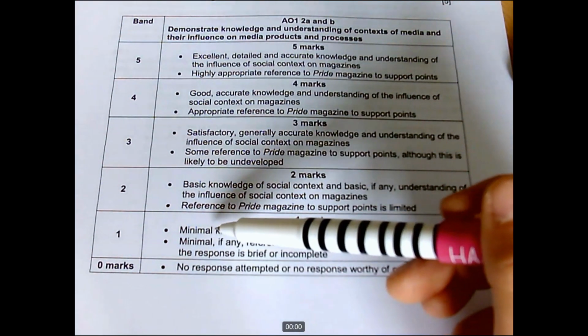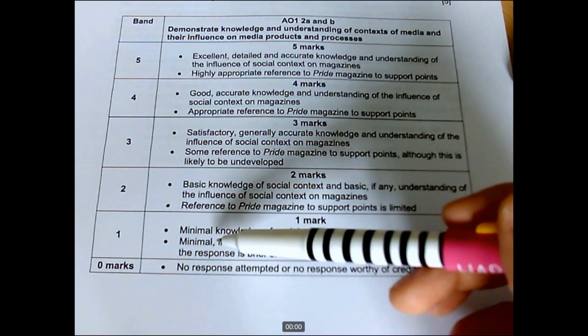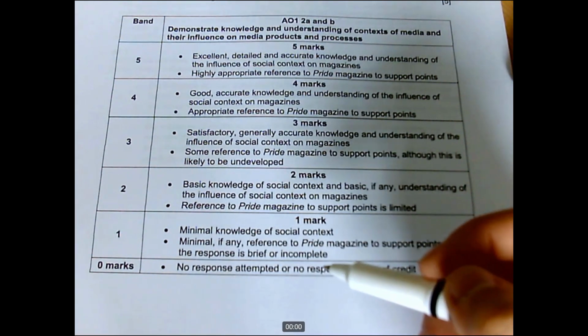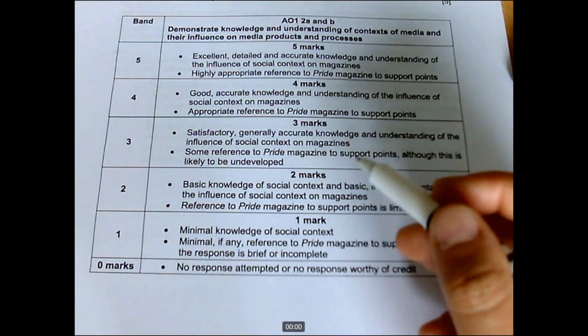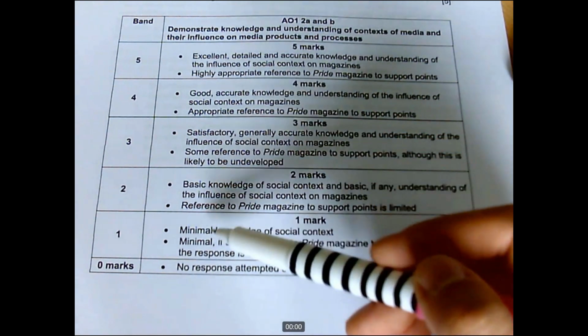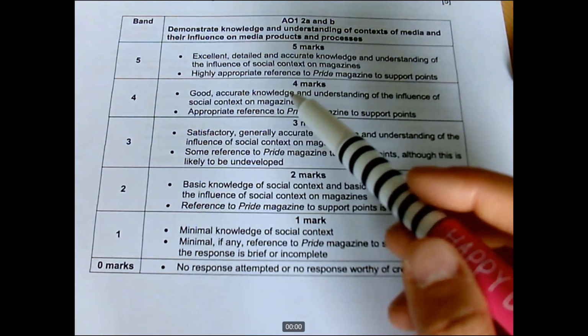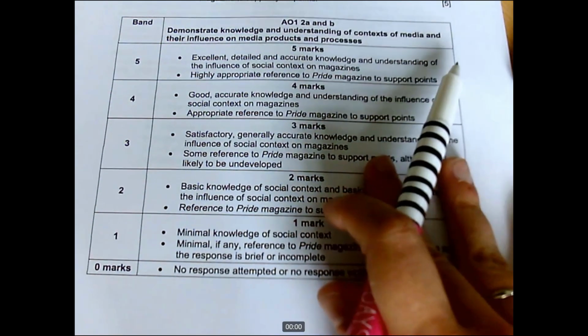So again, if you are not giving the right level of detail, if you're not showing how much knowledge you have, then you're going to limit how far up here you get. This question I think is tricky, predominantly because of the way that the question is worded.